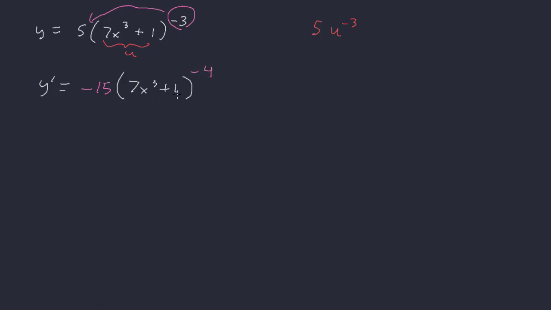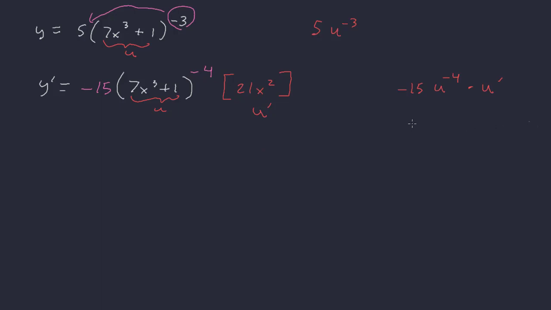So I did this in a different color here to show that we're basically differentiating the outside stuff. We leave the inside stuff alone, and then we multiply by the derivative of the inside. So in this case, that's going to be 21x squared. So this is our u prime. Okay, so essentially what we have is negative 15 u to the negative 4 times u prime.